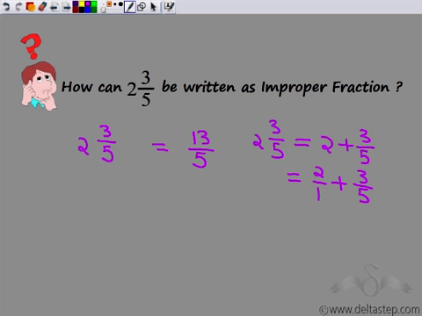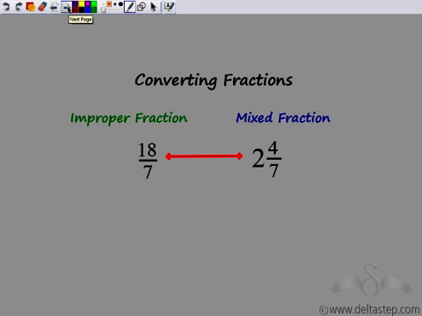If I make the denominators the same, which is 5, then I get 10 plus 3, which is 13 by 5. Same improper fraction again. So these are the two ways in which you can convert the mixed number or the mixed fraction to an improper fraction. So we've seen how to convert an improper fraction to a mixed fraction. We've seen how to convert a mixed fraction to an improper fraction.